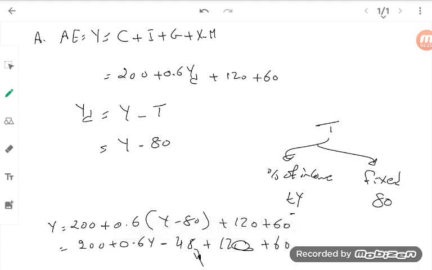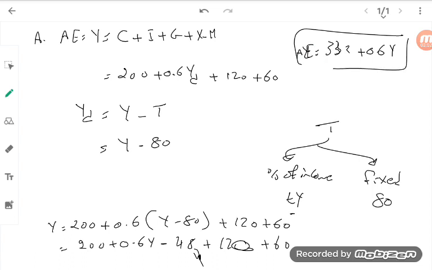We can write it as the summation of all autonomous expenditure together, so Y equals 332 plus 0.6Y. This is the aggregate expenditure equation.